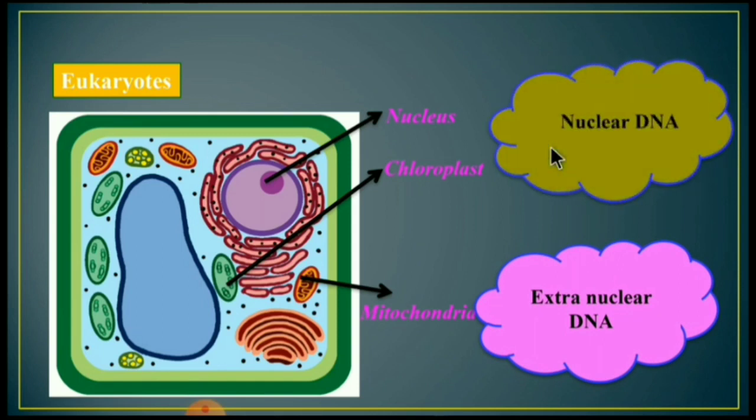So remember one point. In prokaryotes, it is naked DNA, because it is embedded within the cytoplasm. Whereas in eukaryotes, you find two DNAs. Nuclear DNA is restricted to the nucleus. Extranuclear DNA is restricted to some cell organelles such as plastids and mitochondria.